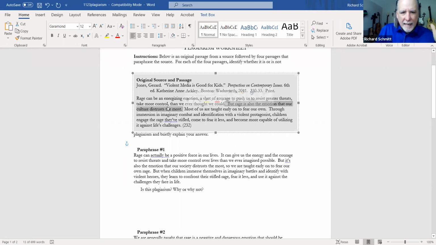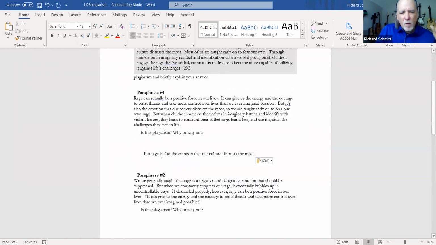take exact words, drop it down into their paper, and call rage, anger, but anger is also the feeling that our culture distrusts mostly.